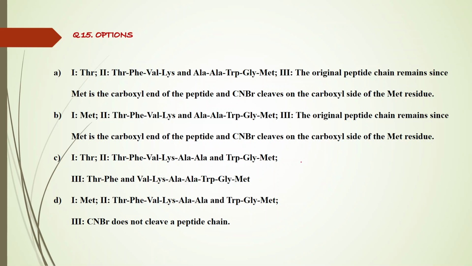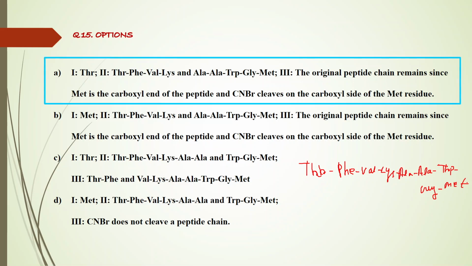So your sequence was threonine, phenylalanine, valine, lysine, alanine, tryptophan, glycine, methionine. So this was your peptide sequence. I have one answer. Very good. So yes, the answer that you gave, Shrishti, is correct.